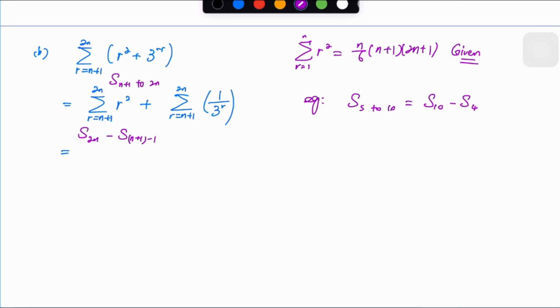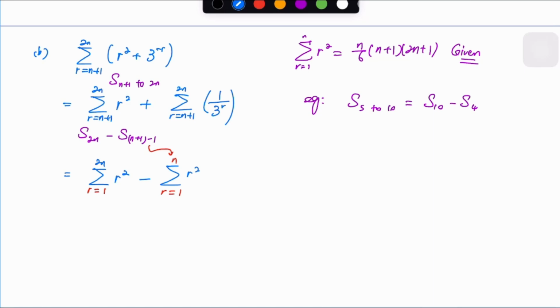So I can break this down to the sum of r from 1 to 2n of r squared minus the sum of r from 1 to n of r squared.